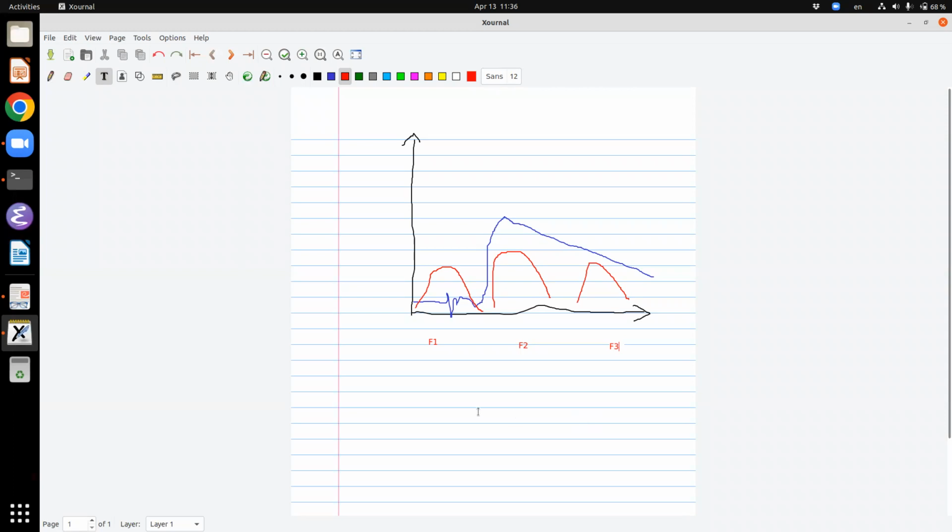So first of all, what can you say for high redshift galaxies? What will be the value of F1 minus F2? Okay, these are magnitudes in the F1 filter and magnitudes in the F2 filter. What will be the value here? And similarly, what is going to be the value of F2 minus F3?